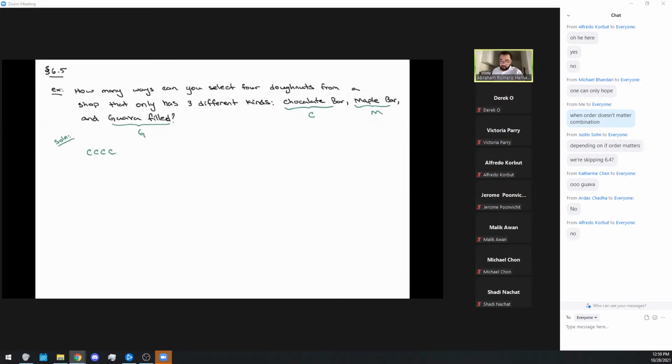So there's no confusion, C is equal to chocolate bar, M is equal to maple bar, and G is equal to guava filled. And these are all donuts.